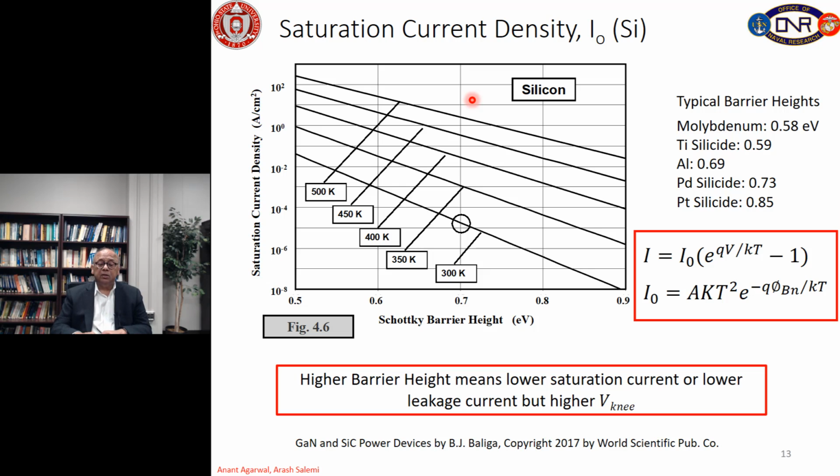So, here what we have shown, and again these charts have been taken from Professor Baliga's book, we have plotted I0 versus the barrier height for different temperatures, and you can see as the barrier height increases, which is phi Bn in this equation, I0 reduces, and as we increase the temperature, the I0 increases.